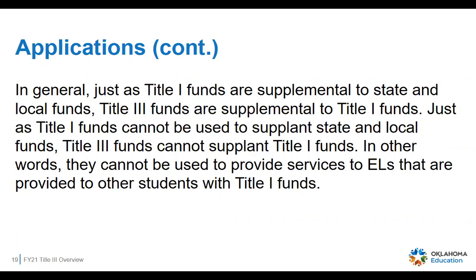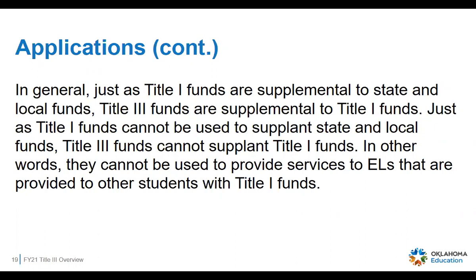So in general, Title III funds are to be spent on your English learners, but before they're English learners, they are your ordinary students. They might also be Title I students. So you, first of all, have to treat them just like all of your other students. If they're also Title I targeted students, you have to treat them like all of your other Title I targeted students.